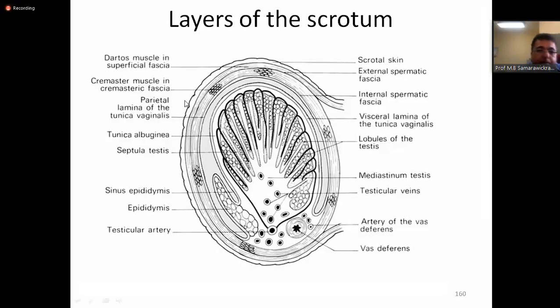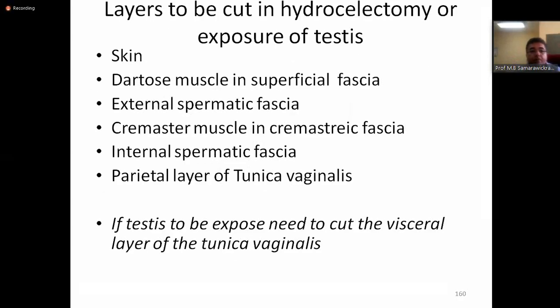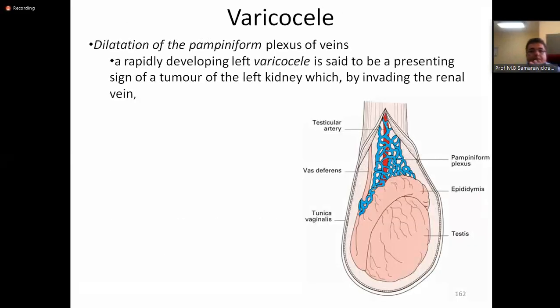That is making an incision up to the tunica vaginalis, right? So you should know what are the layers encountered when you expose the testis, that is, from skin up to the testis, tunica albuginea, right? So those things you should be able to tell, right? You can find out these things from your textbooks.